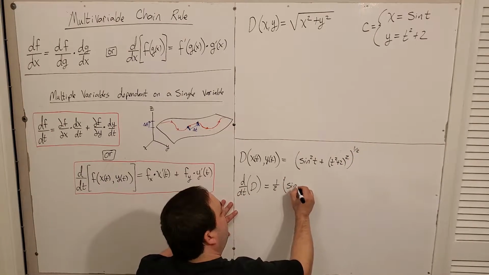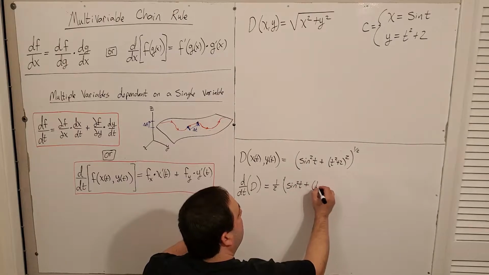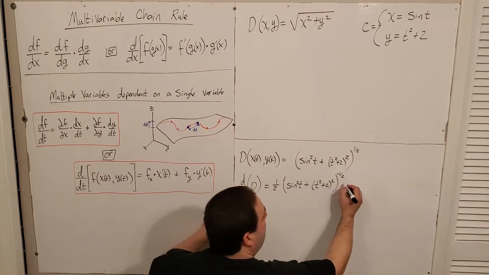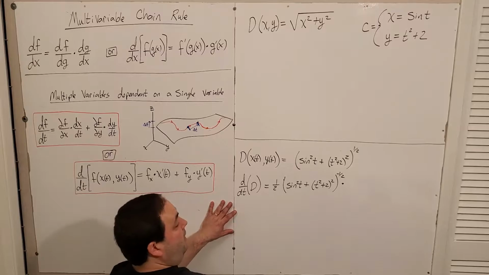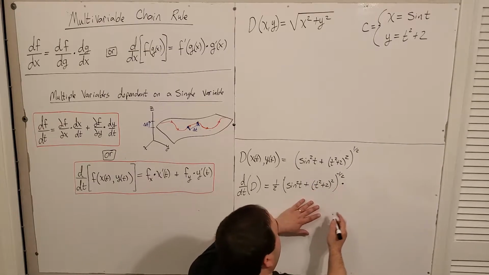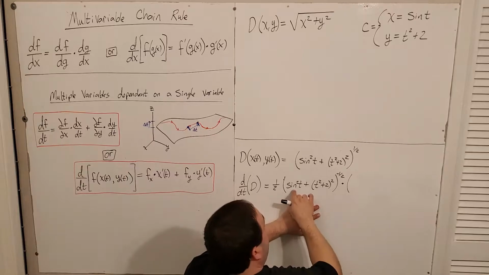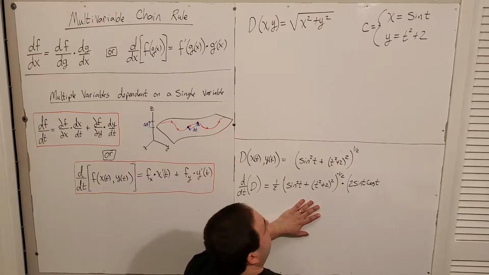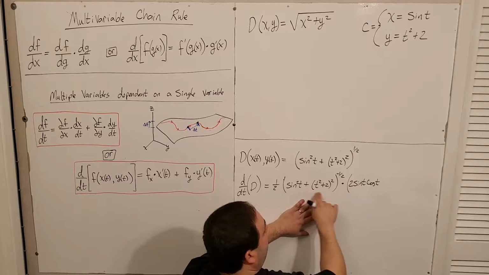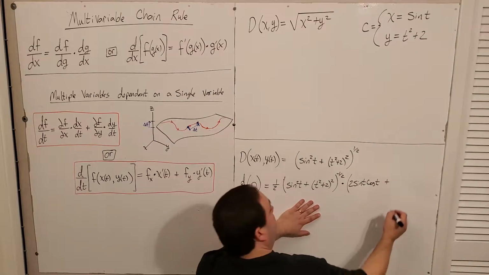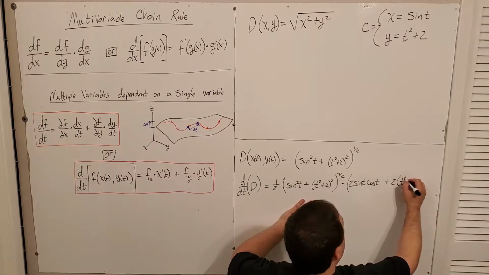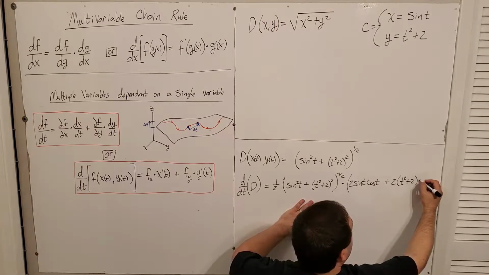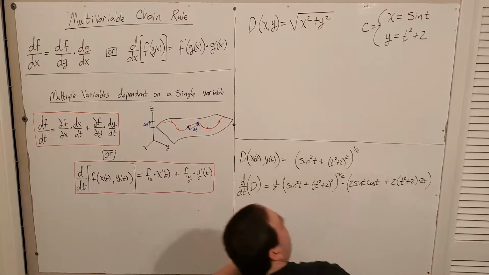And then I'll still have all of those pieces, t squared plus 2 squared to the negative 1/2 times, and here's the old school chain rule, right? This is the old school one here, times this derivative is going to give me 2 sine t cosine t, an inner chain rule, right? Plus 2 times t squared plus 2 to the 1 times 2t. Like that.